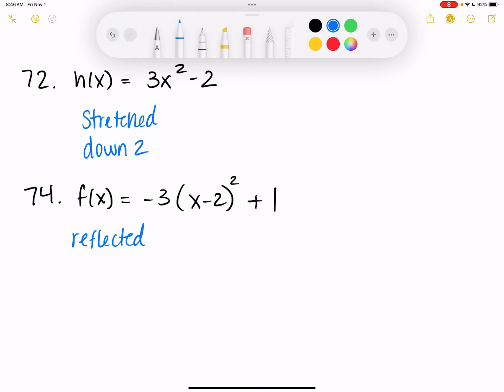Yep, stretched because 3 is greater than 1. Or negative 3, the absolute value of that is greater than 1, however you want to think about it. Right 2. Last thing, up 1. So that problem kind of gives us the whole deal there, everything that we could possibly have to write about it.